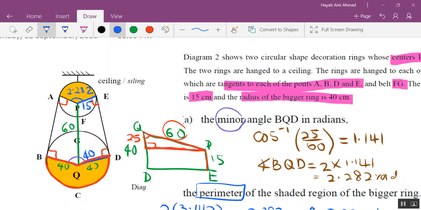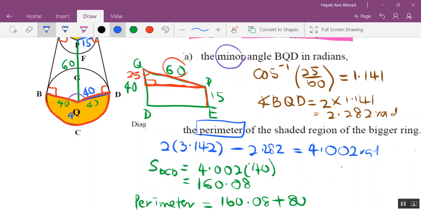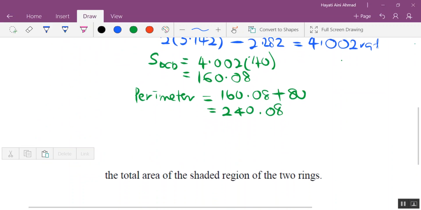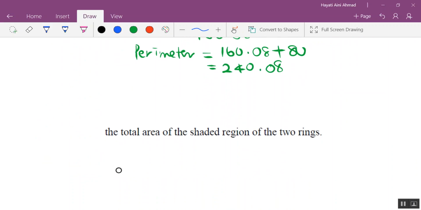So this should be 4.002 here, and the smaller one too carries the same size of angle.